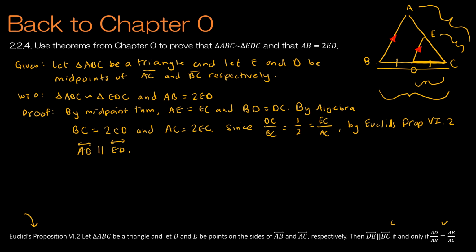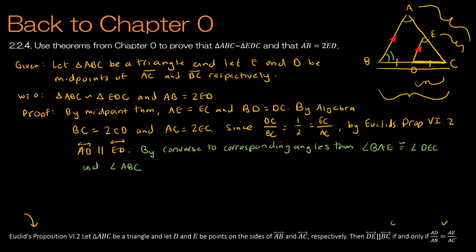So what am I trying to prove? I'm trying to prove that the triangles are similar. And how do I prove that? I have to show that all of the angles are congruent. So by the converse to the corresponding angles theorem, and we use the converse when we already know we have parallel lines, angle BAE is congruent to angle DEC, those are corresponding, and angle ABC right here is congruent to angle EDC.